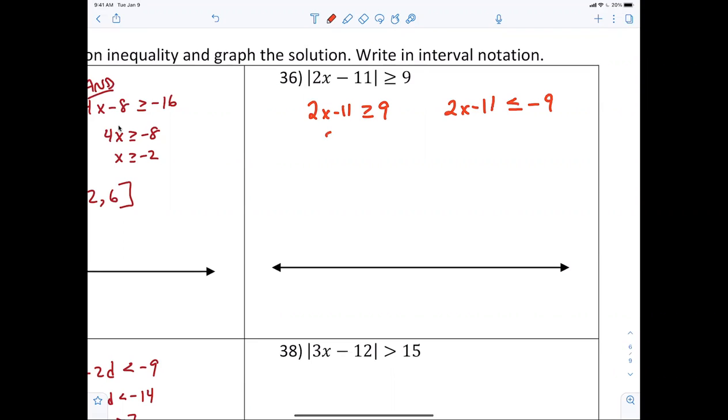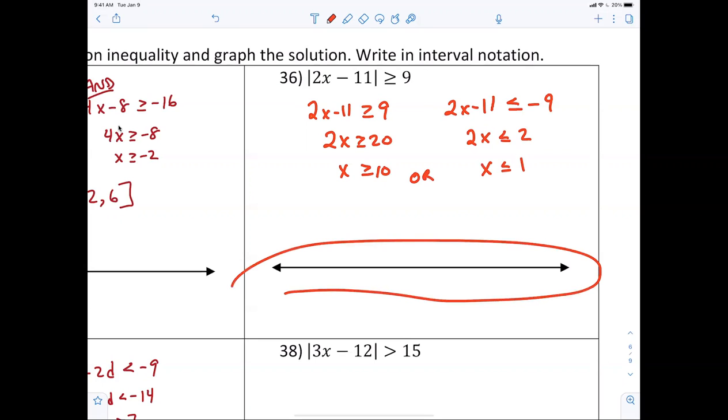So we're adding 11, dividing by 2. Everybody okay with that? Adding 11, dividing by 2. And or. You should start to see it, right? You can't be greater than 10 and less than 1. So we knew it was an or.